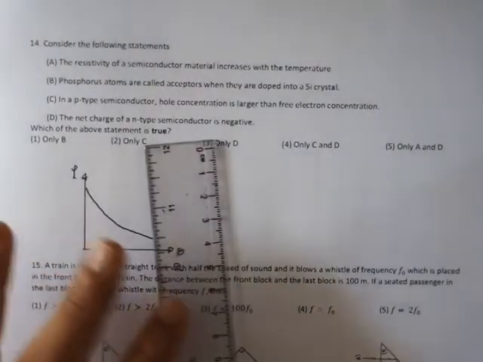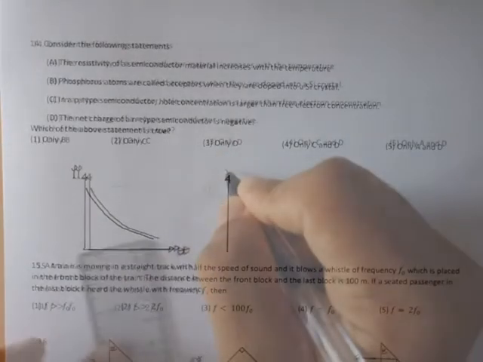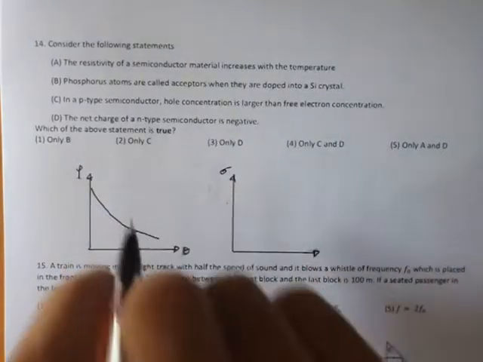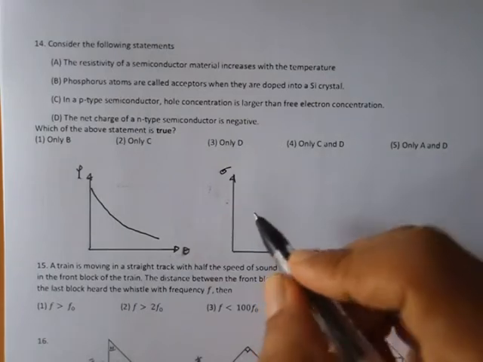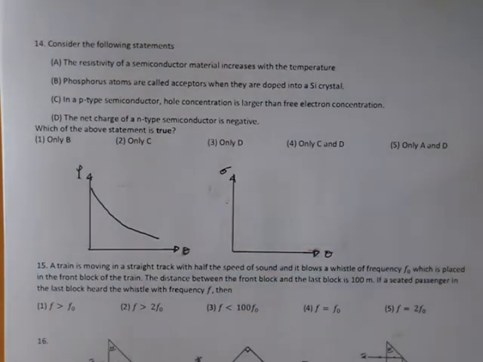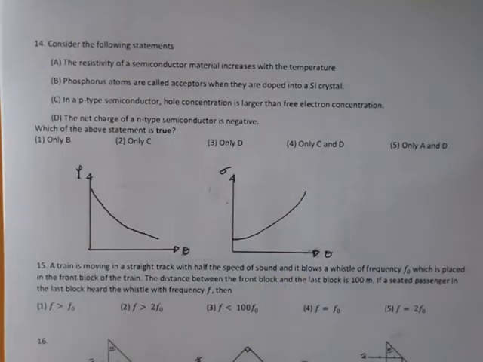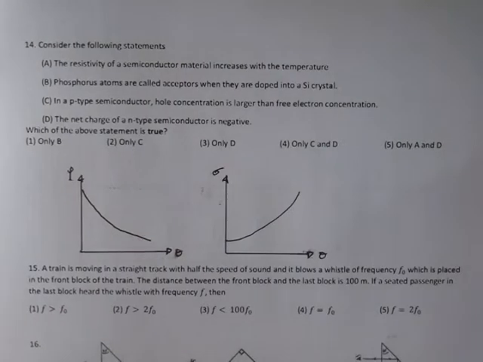If I draw the conductivity of a semiconductor, conductivity sigma with temperature, with increase in temperature, resistivity decreases, means conductivity will increase, right? So the conductivity of the semiconductor material will increase like this. Okay, so statement A is false.